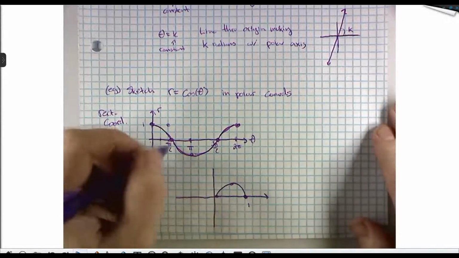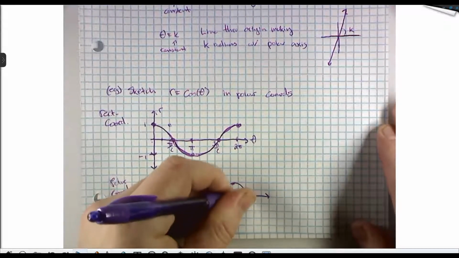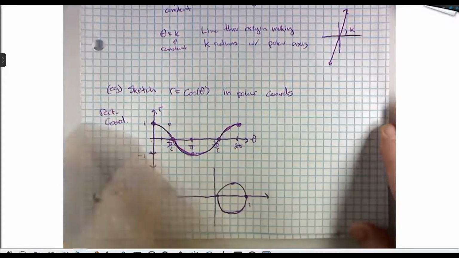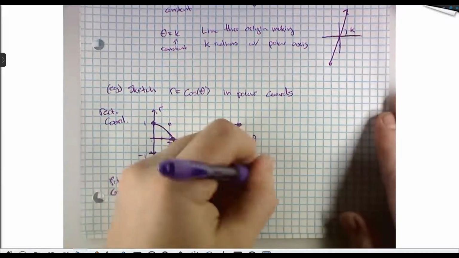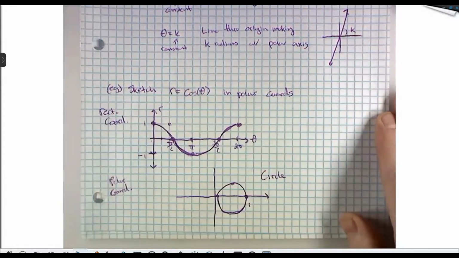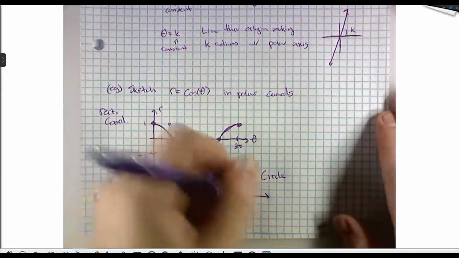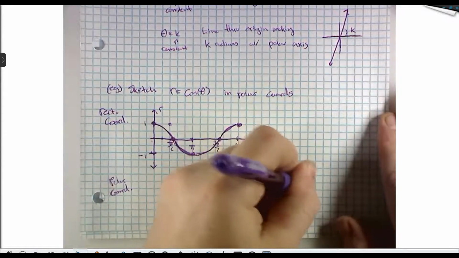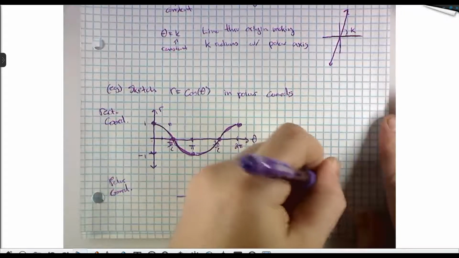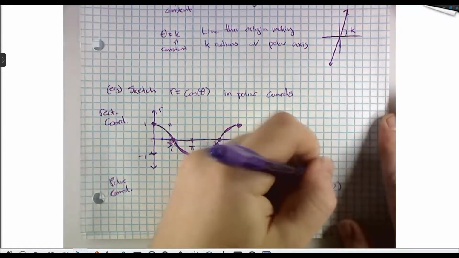So what I'm getting from this portion of the curve is a piece that looks like this. And this thing is what it looks like. It's a circle. The circle here is centered at the Cartesian point, and it happens to be the same polar coordinates, so I can write it unambiguously as 1/2, 0, whether you want to think of that as x, y, or r, theta.